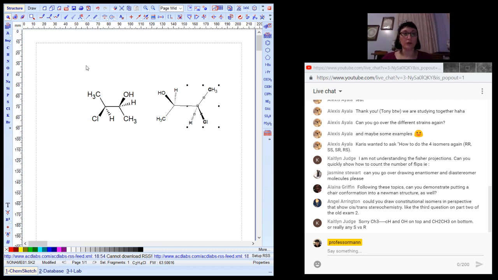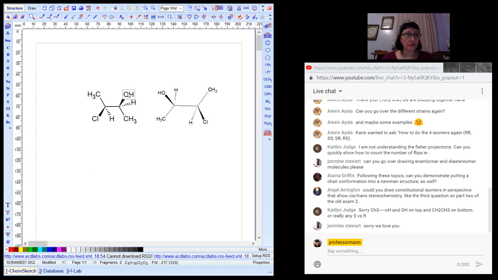If you had RR and SS, it would give you RS, and then you can do the same thing. Or you can flip 2 groups. That gives you the other isomer. So if you wanted the other isomer here, you can move the hydrogen here and the OH there. That would give you the other chiral center on that one. So again, there's a lot of ways you can do that one.